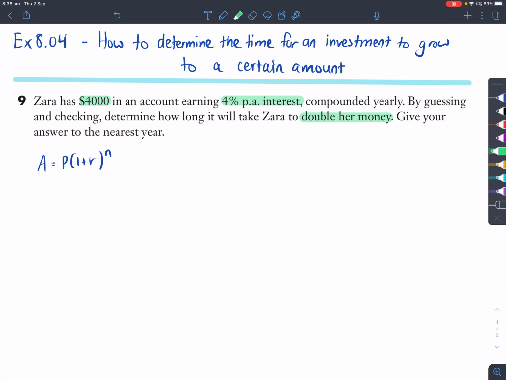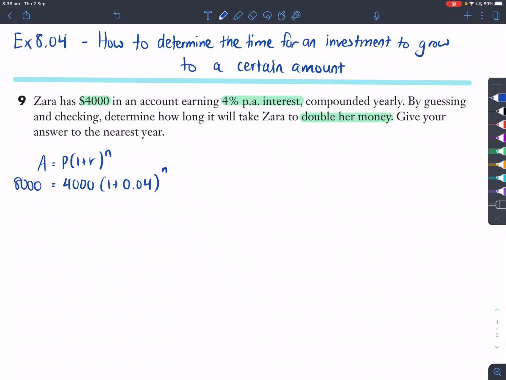So if P is $4,000, then A would be double this, $8,000, equals 4,000 times (1 plus the rate, 4% per annum, which is 0.04) raised to the power of n.